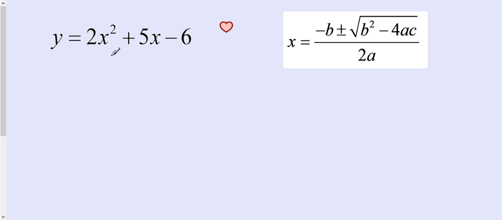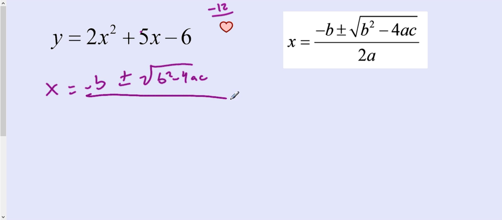So this quadratic here is not a factorable quadratic. 2 times negative 6, that gives us negative 12. There's no way for us to get two numbers that multiply to negative 12 to add to 5. So we have x is equal to negative b plus or minus the square root of b squared minus 4ac all over 2a. Make sure that your square root covers up all those, because technically they're all underneath the radical.